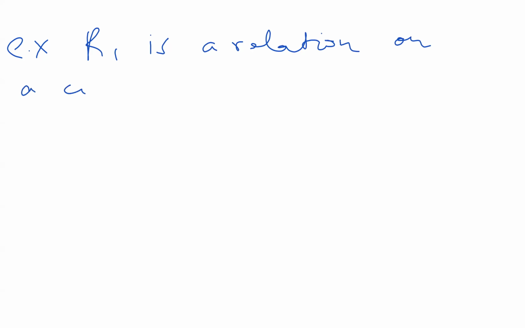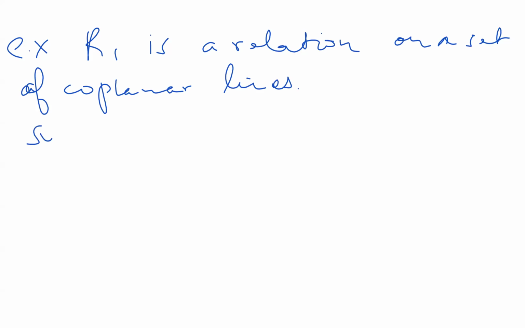R1 is a relation on a set of coplanar lines such that R1 implies what? Is parallel to. So this is the relation. The relation is based on being parallel.